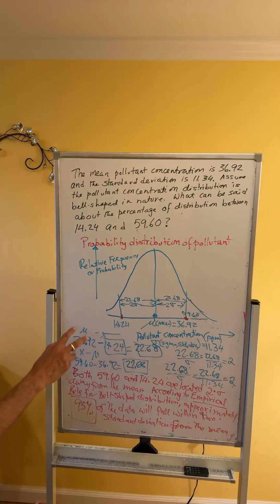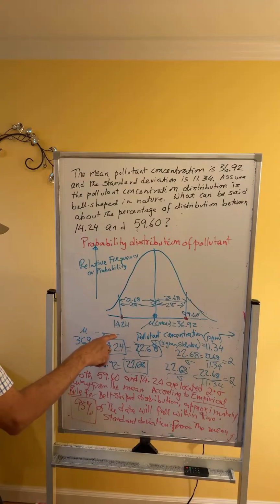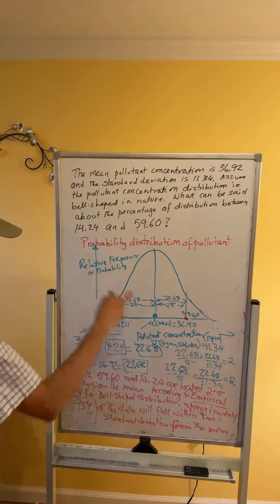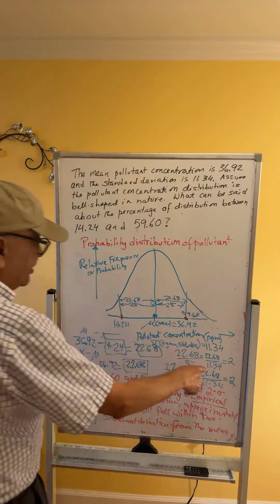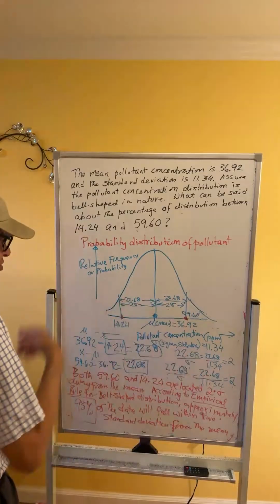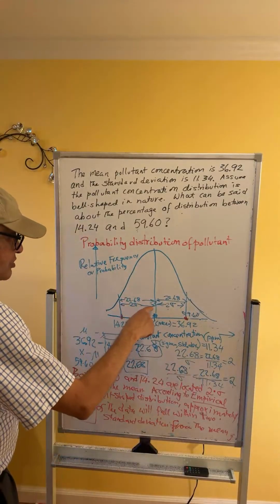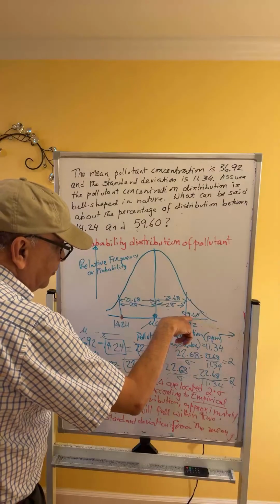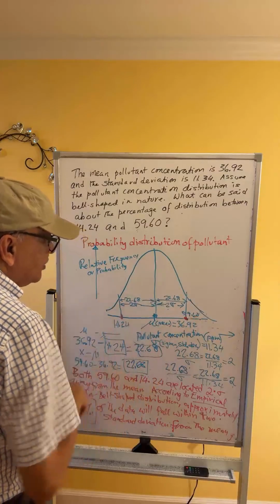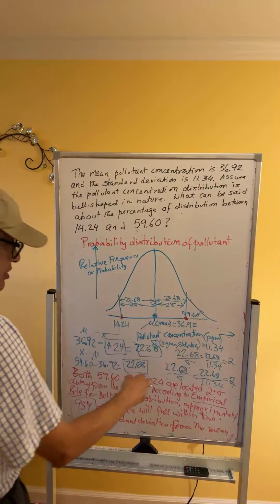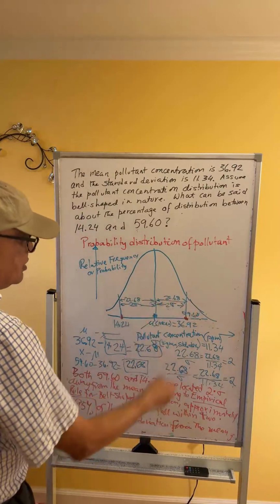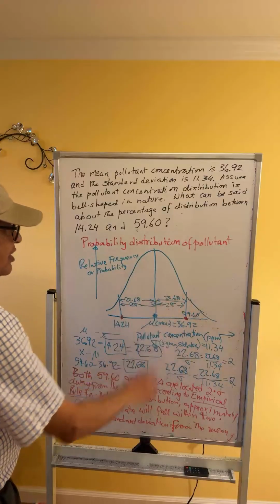So we first found the distance of 14.24 from the mean, which is 22.68. We divided that distance by the standard deviation of 11.34 and got 2, so that point is located 2 sigma below the mean. Then again we took the difference of 59.60 from the mean 36.92, which is also 22.68. Divided by sigma, the distance is 2 sigma away from the mean.